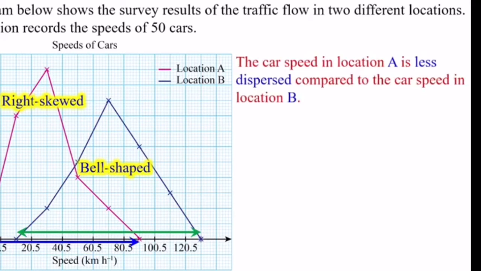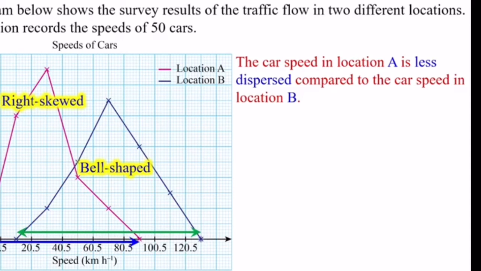So hence we can conclude that the car speed in location A is less dispersed compared to the car speed in location B.